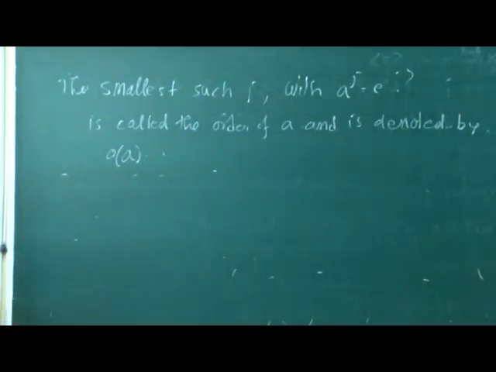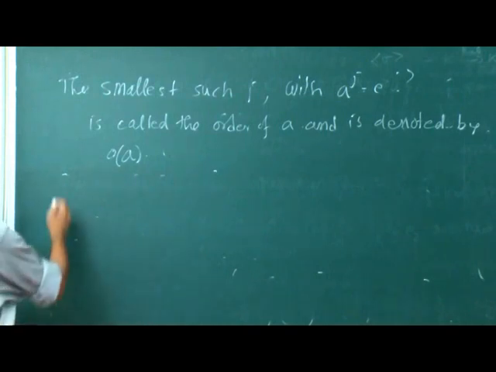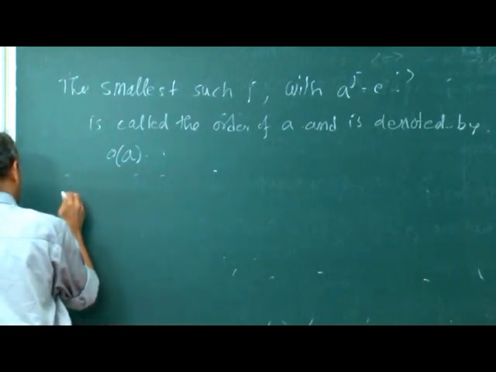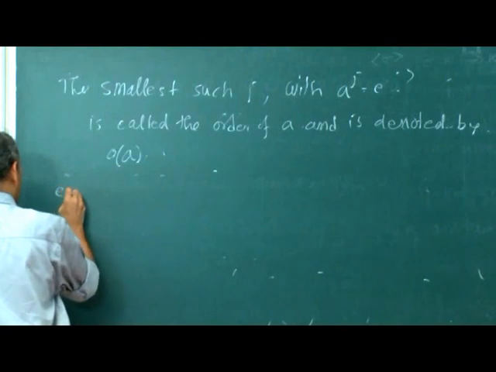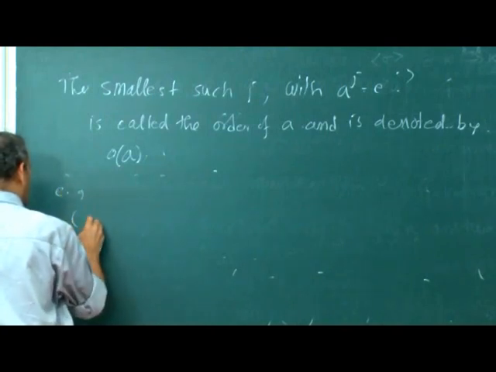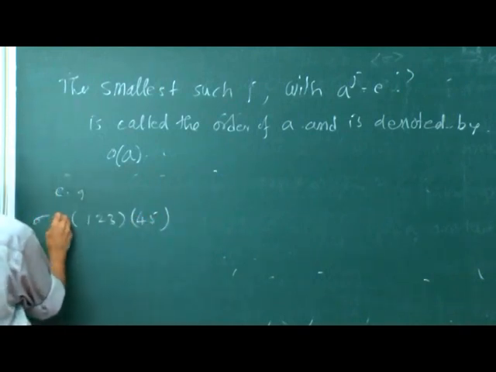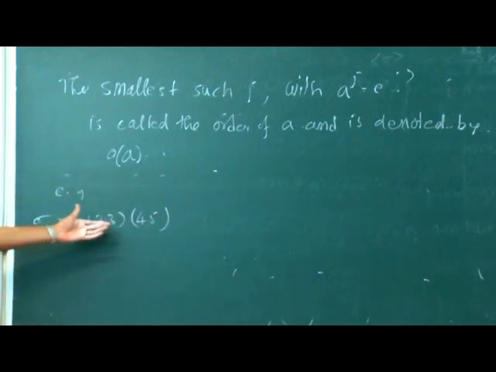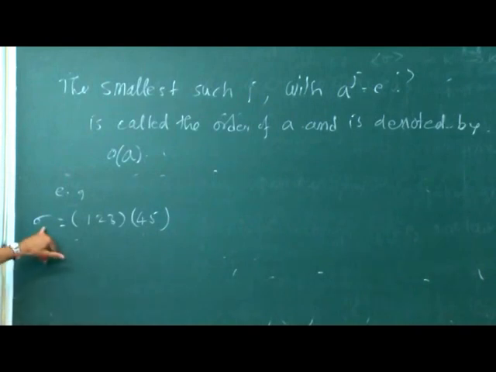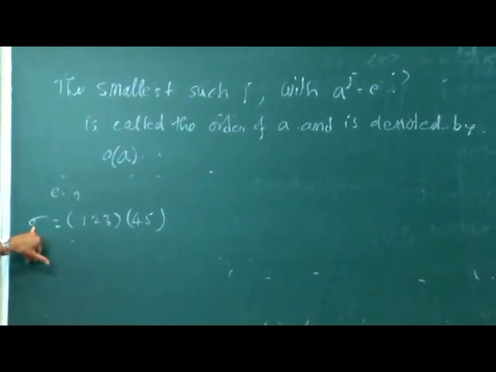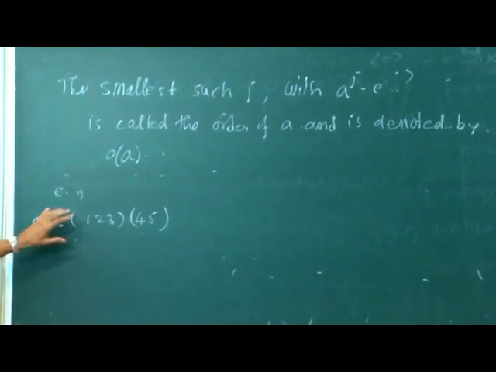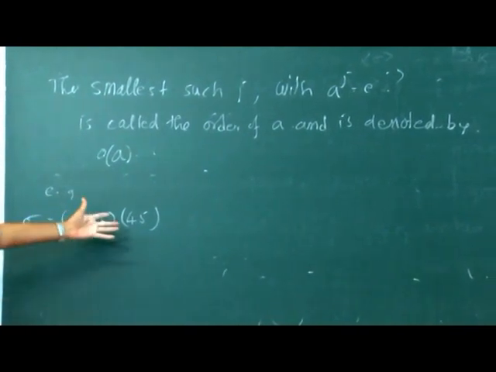Now, let us consider, for example, 1, 2, 3, 4, 5. Let us consider sigma. Sigma is a permutation on 5 letters. Now we know that it is an element of the symmetric group, a group under composition, and therefore we can define an order.